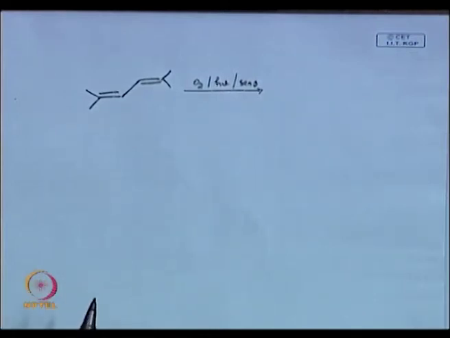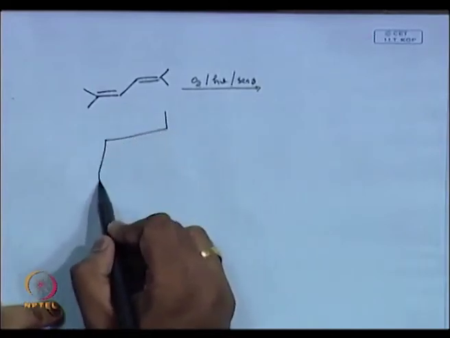I am taking a diene system, I am using oxygen photolysis in presence of a sensitizer. What can you think in this reaction? What products can this give you? All 3, very good. You get all 3 of your reactions here. You can think about the ene reaction, 4 plus 2, and 2 plus 2. Very good example for this.